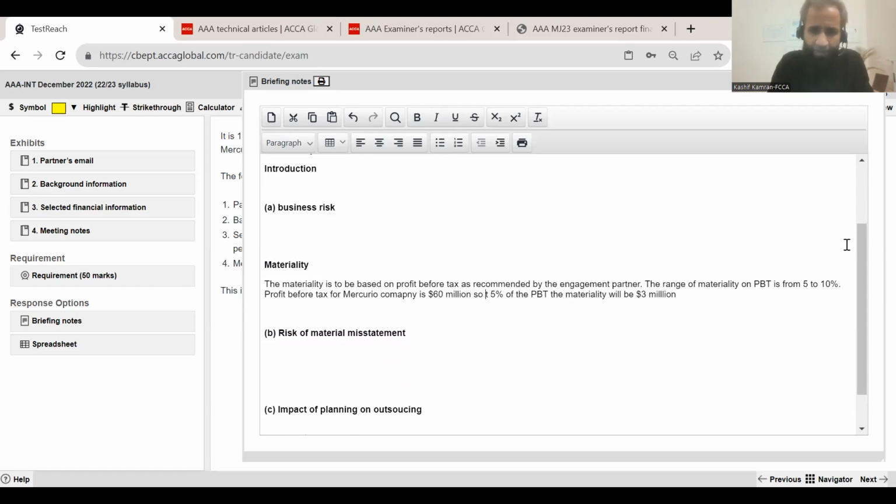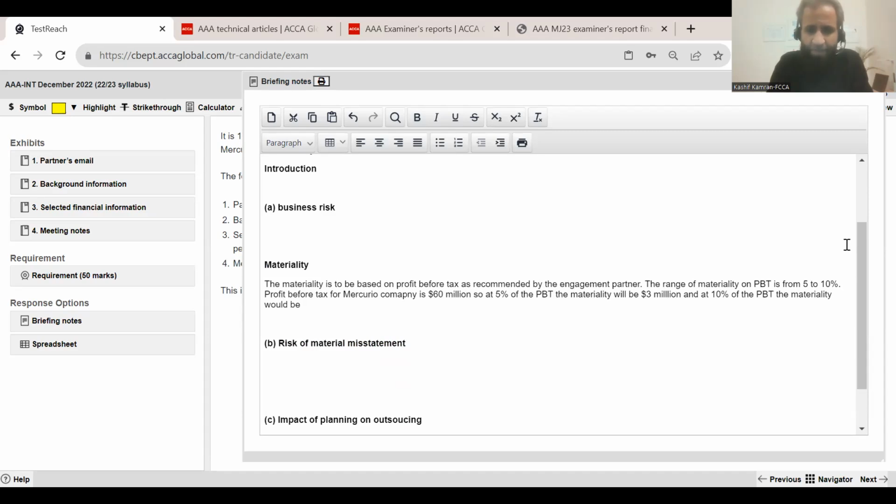So at 5% of the profit before tax, the materiality will be $3 million. And at 10% of the profit before tax, the materiality would be $6 million. Full stop.